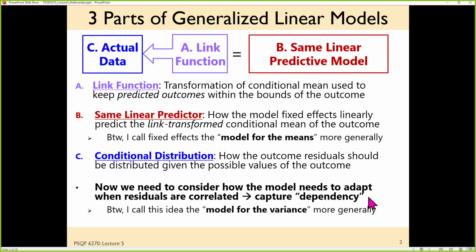So here's a new part then. If we are dealing with a situation where residuals are likely to be correlated, the term for that is dependency. So the residuals are dependent across observations. Just think correlated. And the reason for that is related to your sampling. If you collect multiple outcomes from the same person, odds are really good that the residuals from those outcomes from the same people will be related.